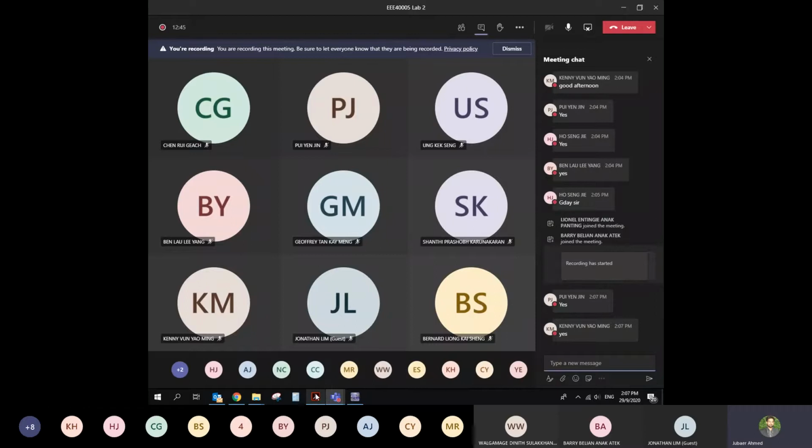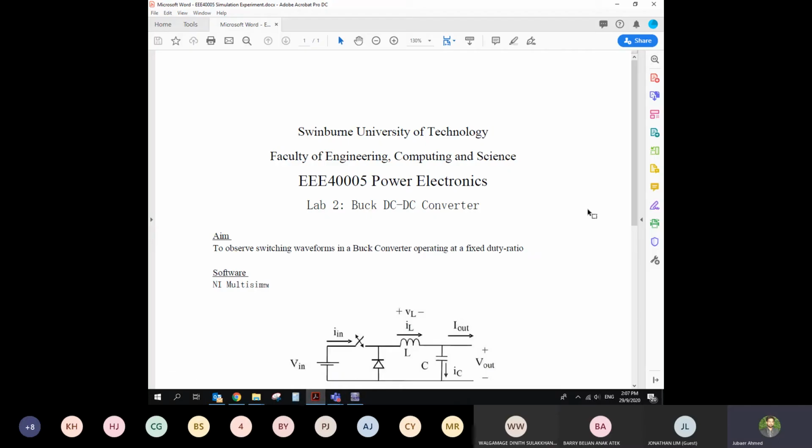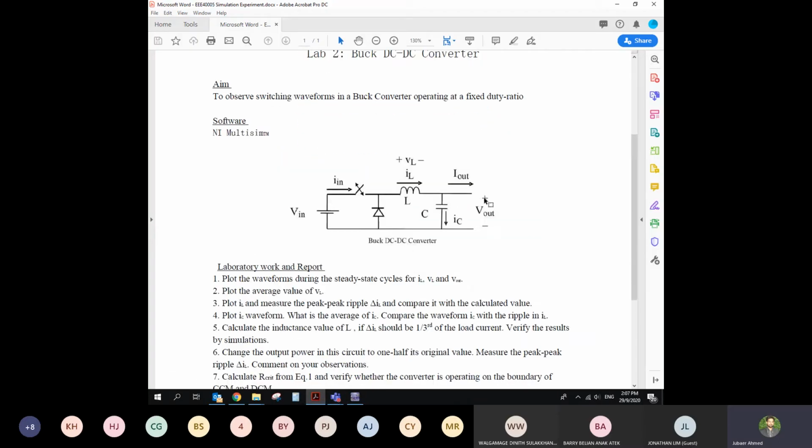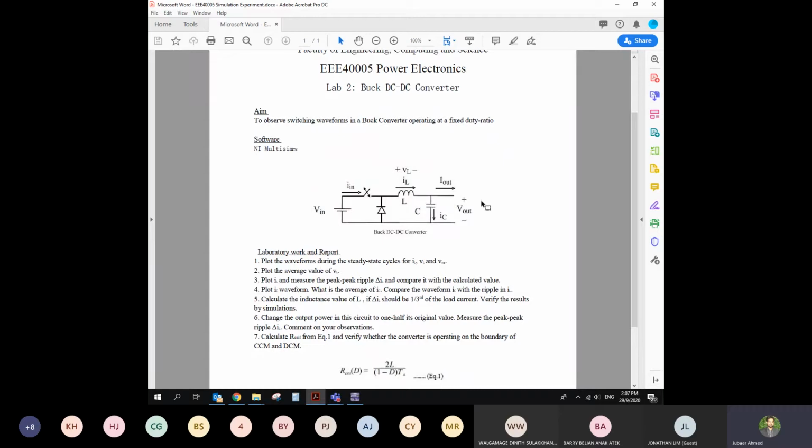Okay, that's good. This is the lab 2 DC-DC buck converter. So you see our main objective is to watch the switching waveform of the buck converter. When we are talking about the waveforms of any converter, our main objective will be to look at the waveform of the inductor, capacitor, and the output side.